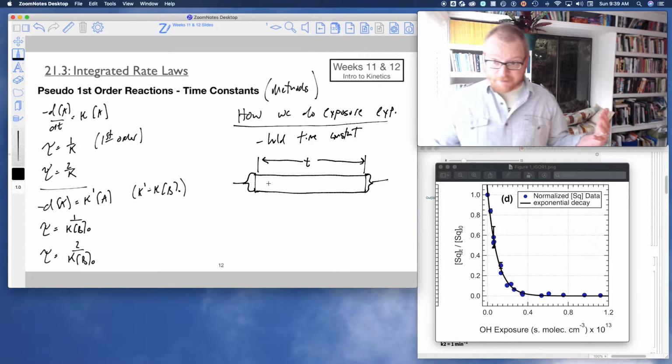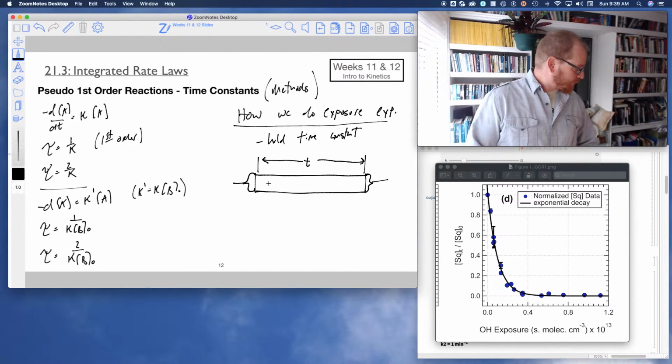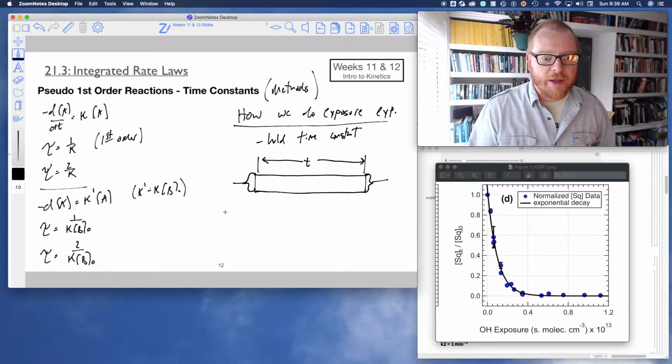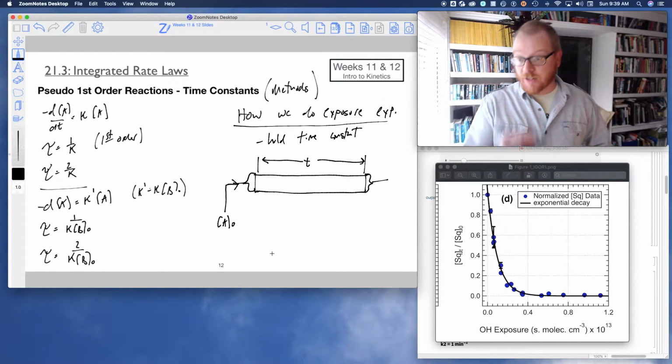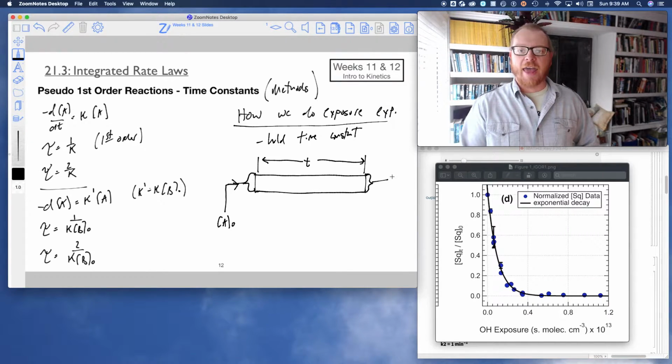the time is always constant. So now what you do is you pump in your reactant A at some initial concentration, and what's going to come out of the flow tube is A at any time t.